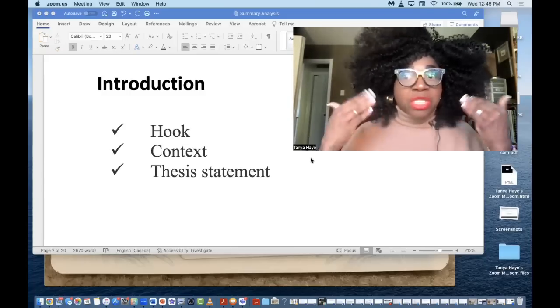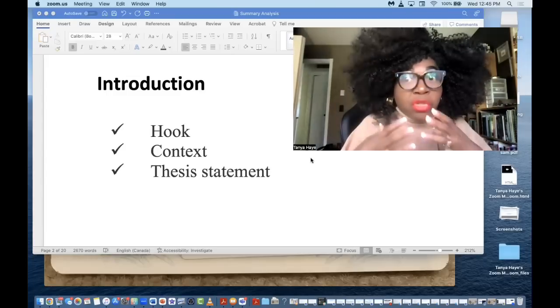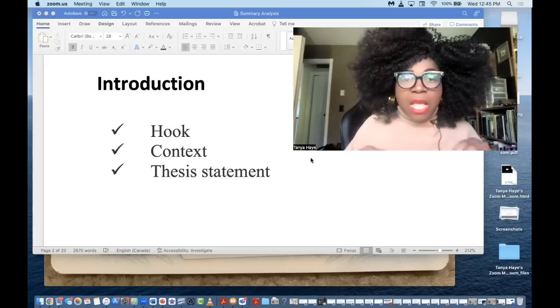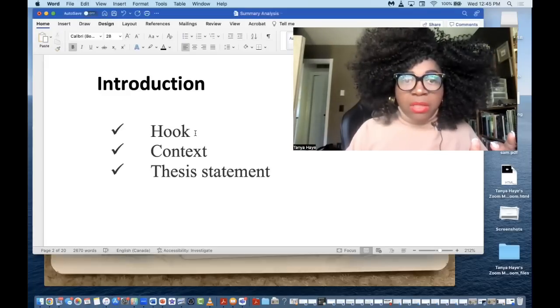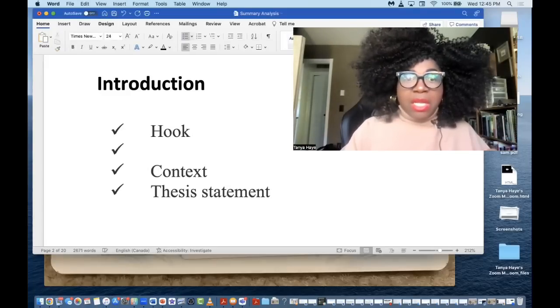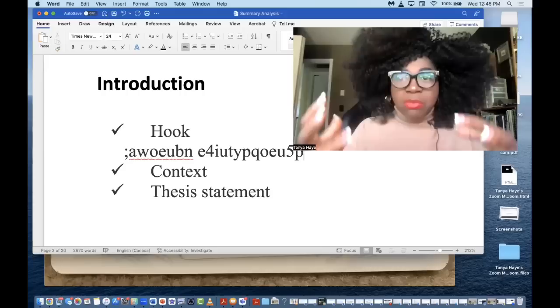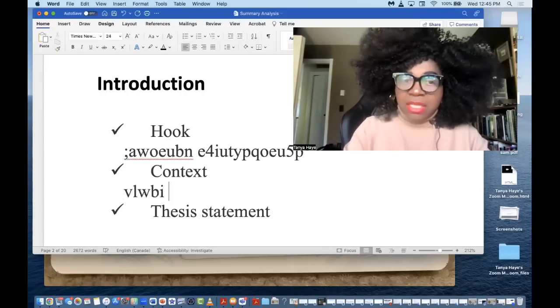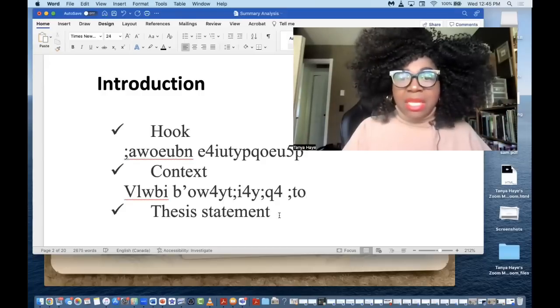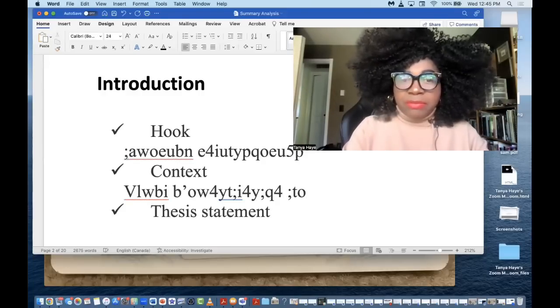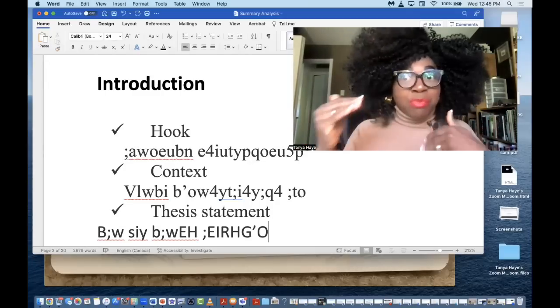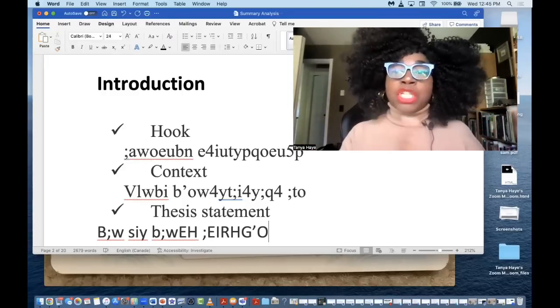And to ensure that you stay on track, what you should do is not just start writing or typing in this case, but you want to separate the hook, and then you write some stuff, and then you decide on what you think the context is, and that's going to be a lot. And then below the thesis statement, you're going to decide on what your thesis statement is. I find it is better when you plan before you actually write.